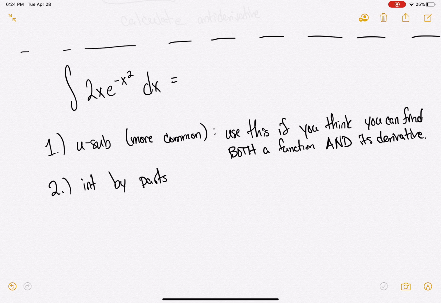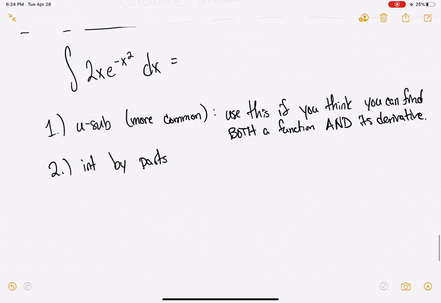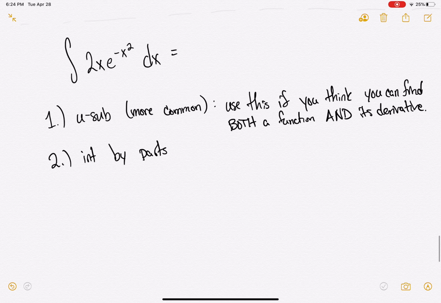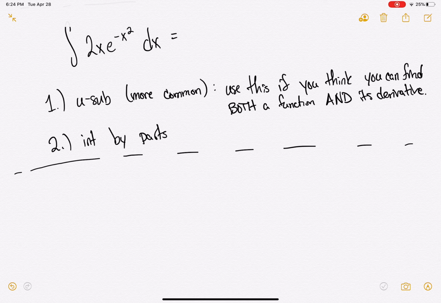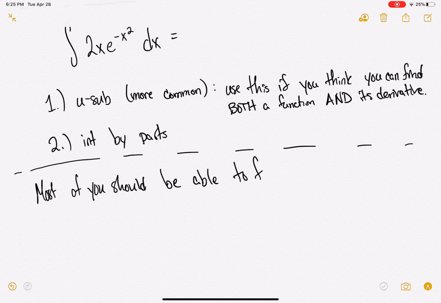So can we do that here? I would hope most people will say that we can find a function and its derivative here. We should be able to find both a function and its derivative in our integral.